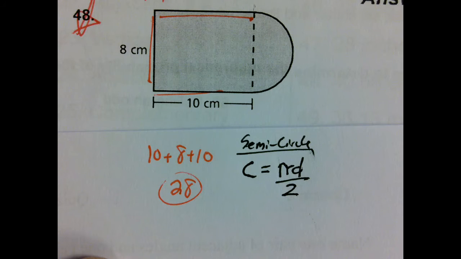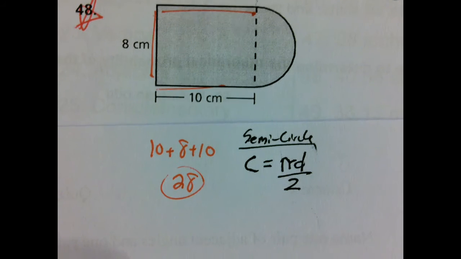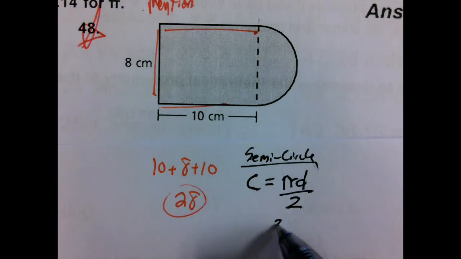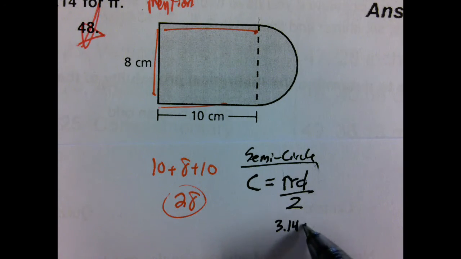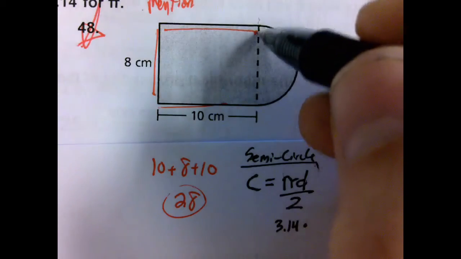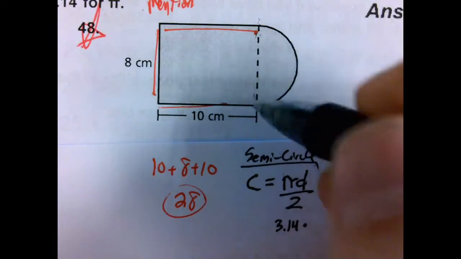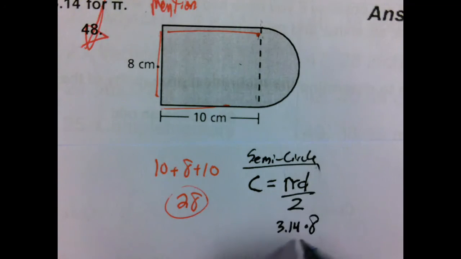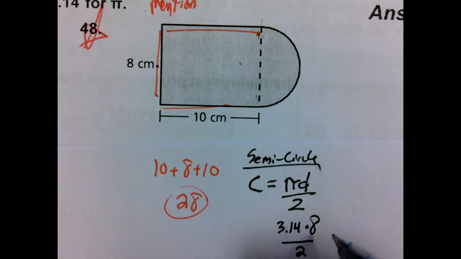Divide it by 2. So as you're looking at the semicircle, we want 3.14 times the total distance, the diameter, which isn't listed here, so looking over here, diameter is 8. Take that divided by 2.